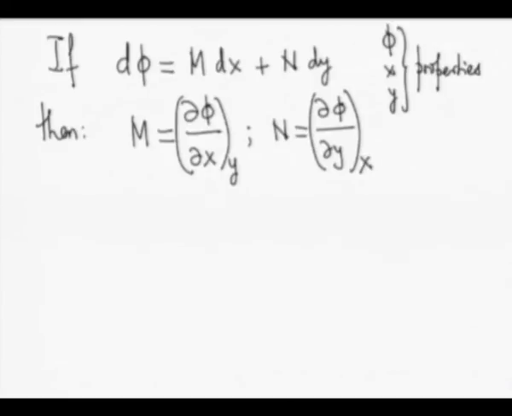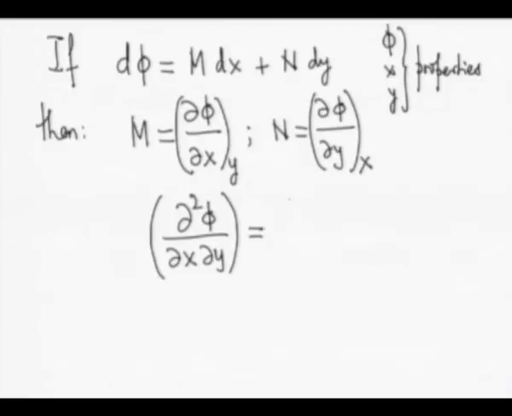And not only that, under some minor conditions of continuity, etc., we know that when you take the second cross derivative of a function, say suppose you take the second derivative of phi, it does not matter whether you first do it with y and then do it with x like this.